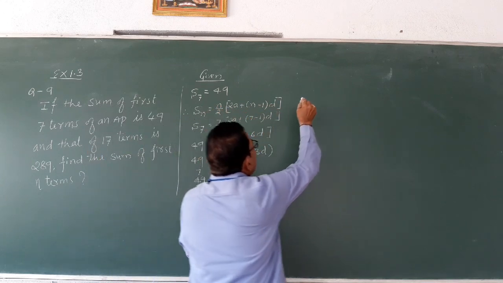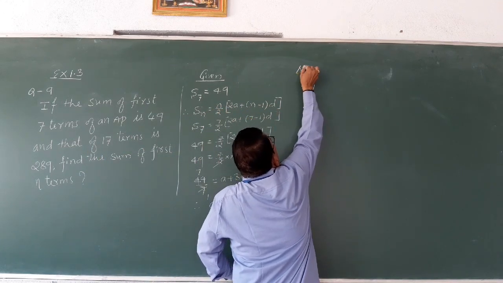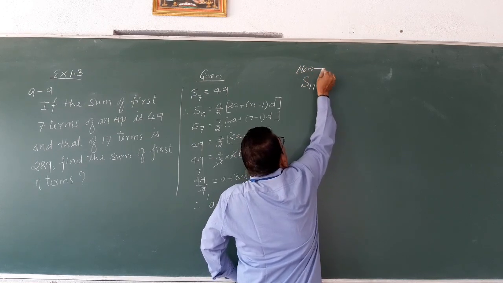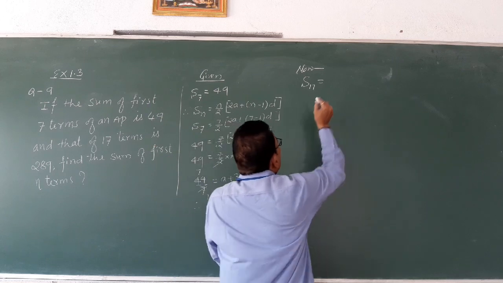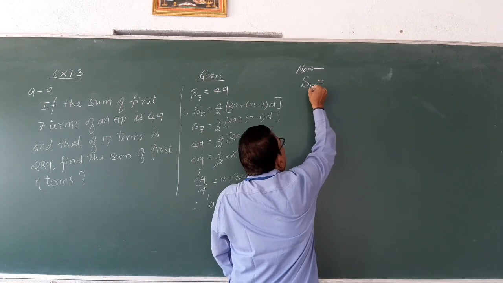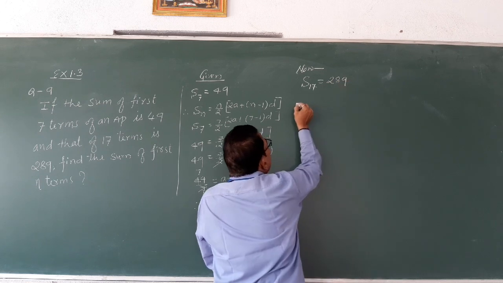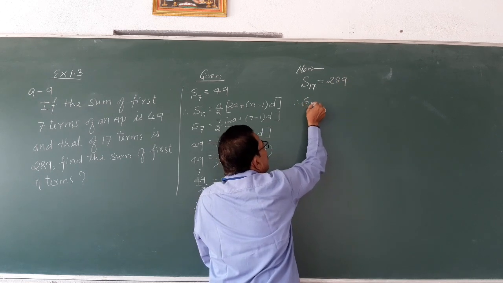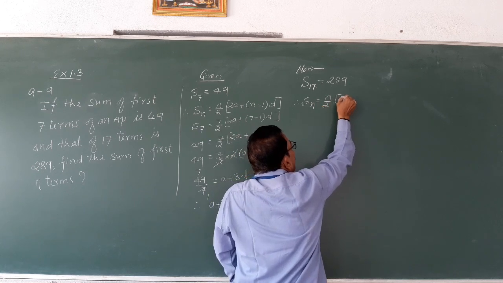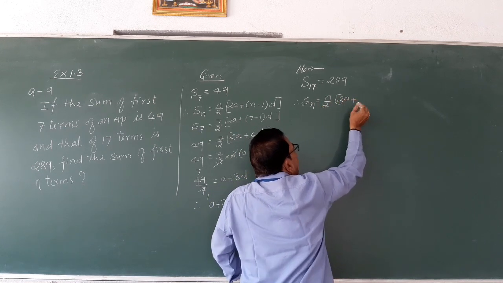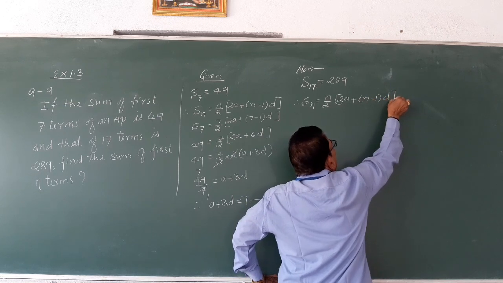Then, what have they given? S17 equals 289. Therefore, Sn equals n by 2 in the big bracket 2a plus n minus 1 into d.